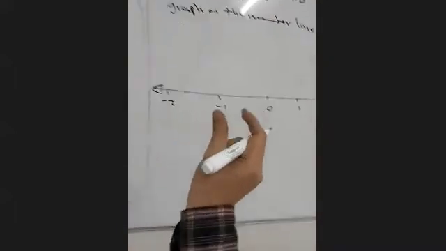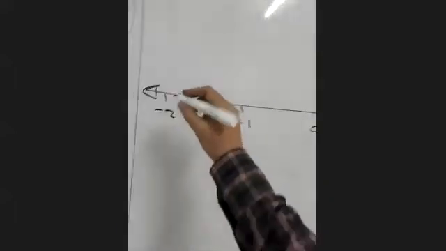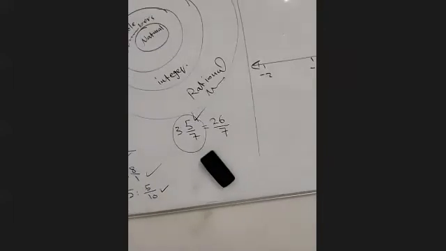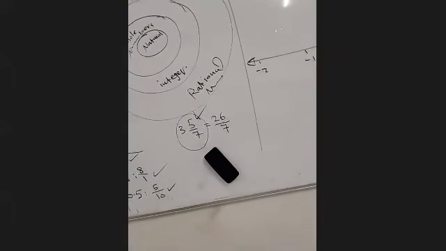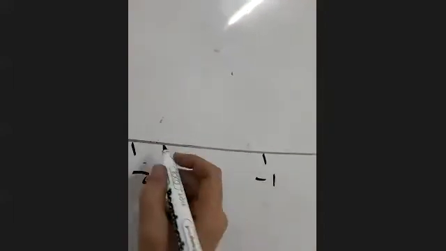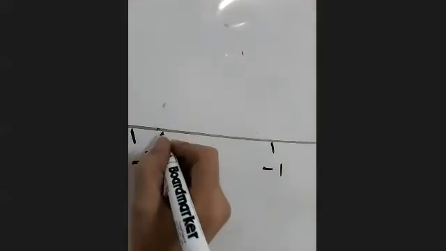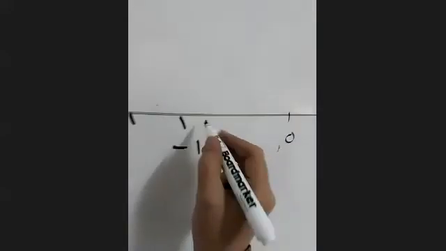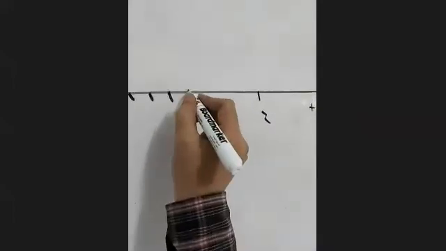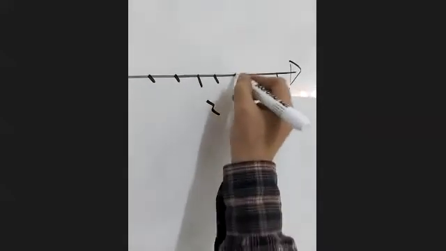And between each number, they make parts. How many parts between each two numbers? Let me count them: 1, 2, 3, 4. Between each two numbers, we have 4 parts. It's written in your book, guys, okay?